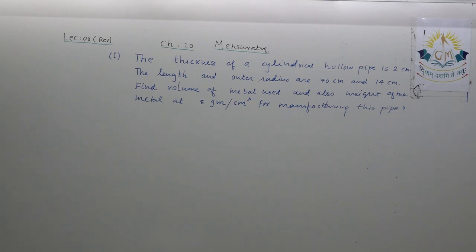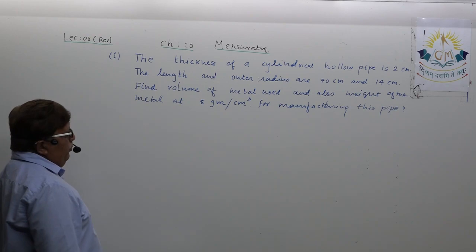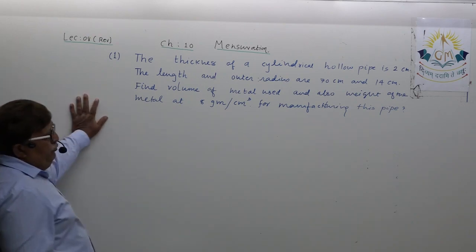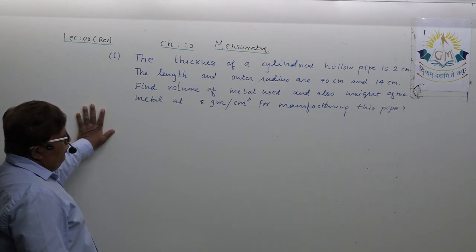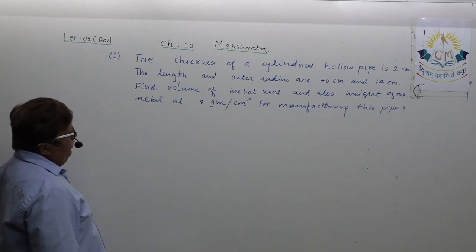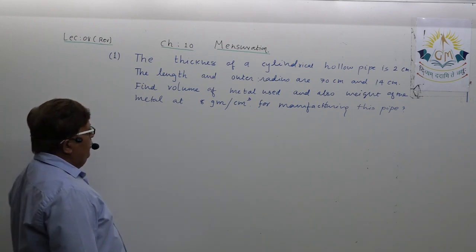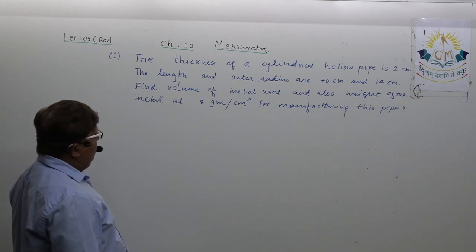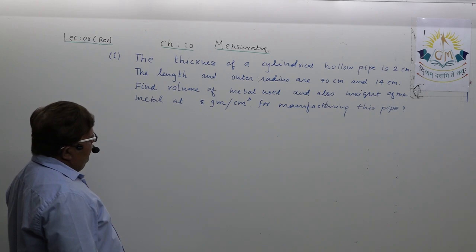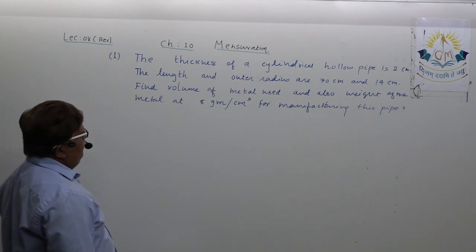What is given? The thickness of a cylindrical hollow pipe is 2 centimeter. The length and outer radius are 70 centimeter and 14 centimeter. Find the volume of the metal used and also the weight of the metal at 8 gram per cubic centimeter for manufacturing this pipe.